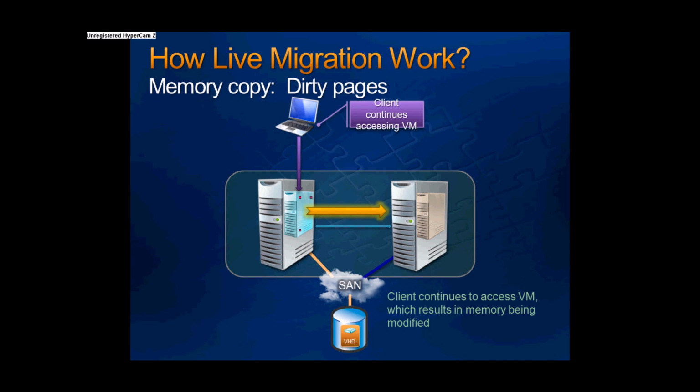At this moment, the client is still accessing the virtual machines, whereby the owner still resides on the first node. While the user is still accessing the virtual machines, sometimes the user modifies some of the data. All these changes will be marked in memory, and we call them dirty memory pages.